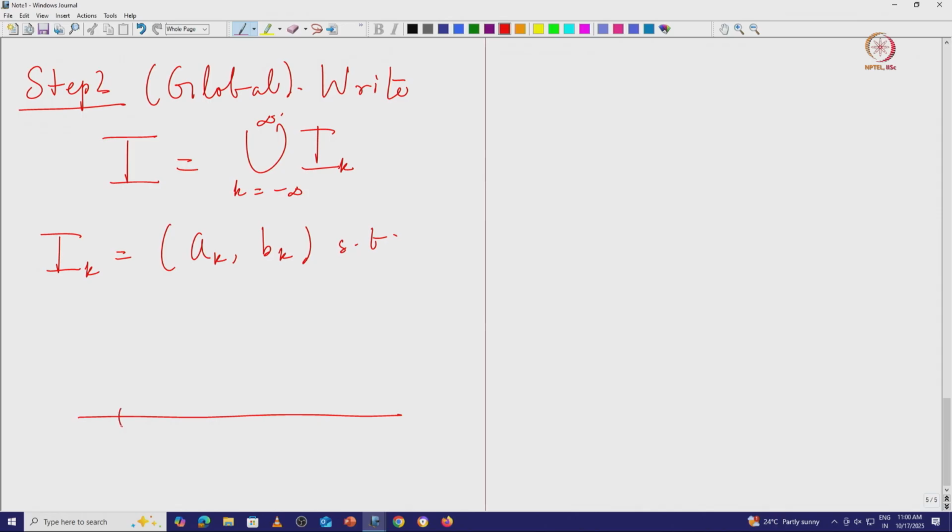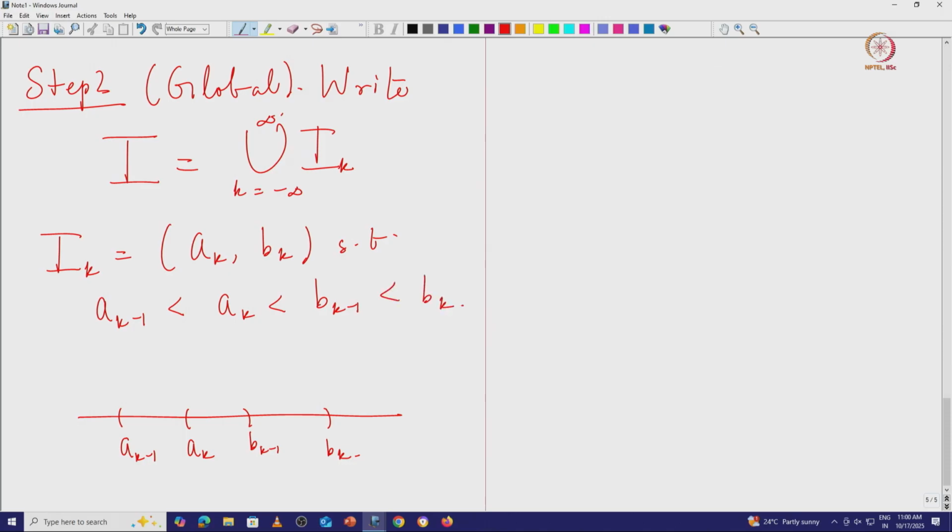So this is a_{k-1}, this is ak, b_{k-1} and bk. I want a_{k-1} to be less than ak, to be less than b_{k-1}, to be less than bk. Why?